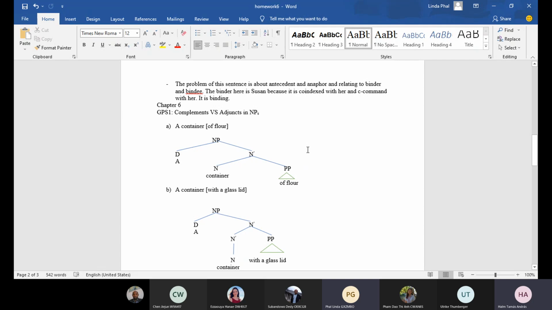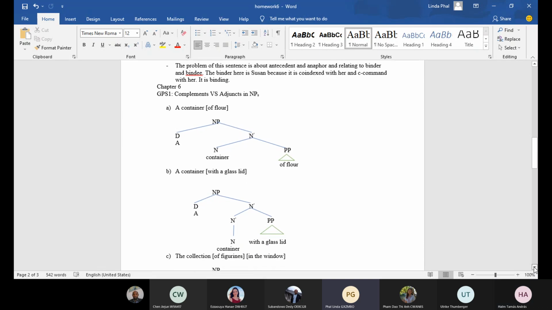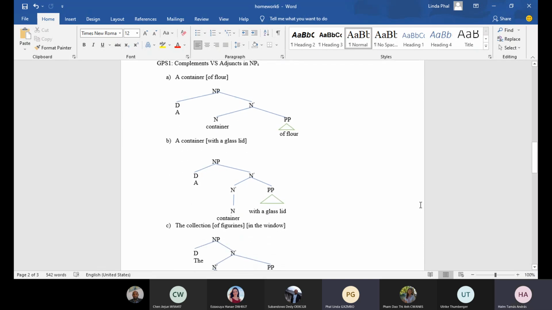And what about the second one, B? B here is like this tree, and A is the determiner from the noun phrase, and two nouns, and we have another noun which is container, and with a glass lid is the prepositional phrase.